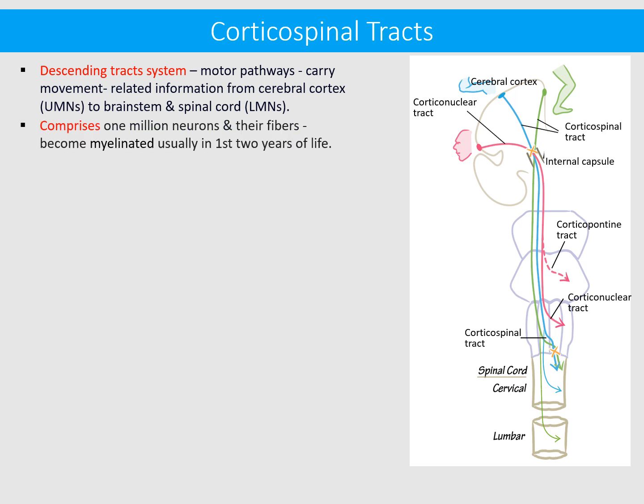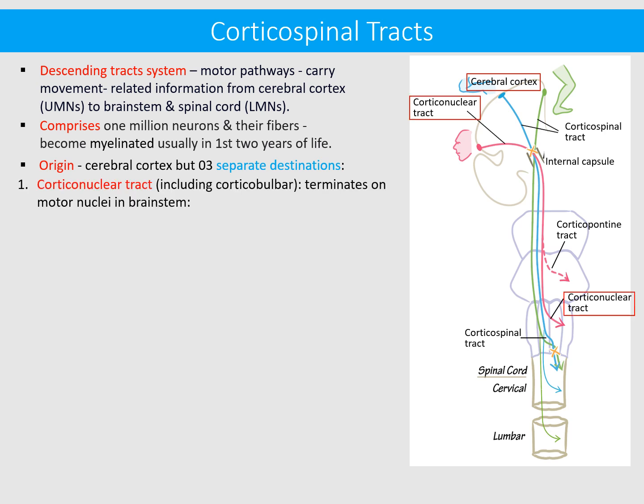Corticospinal tracts comprise roughly 1 million neurons and their fibers, which become myelinated usually in the first 2 years of life. Corticospinal tracts originate from the cerebral cortex but have three separate destinations. First component is corticonuclear tract, including corticobulbar tracts.